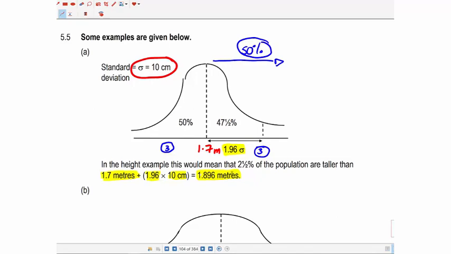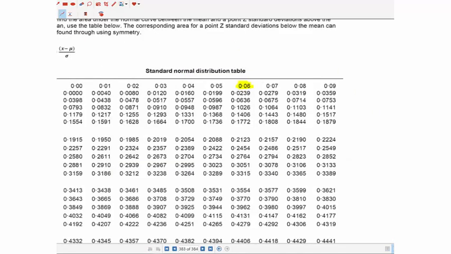And we can use our normal distribution tables to tell us the answer to that question. So what would be the percentage of the population that are taller than 1.896 metres or 1.96 standard deviations from the mean? Okay, let's go to our normal distribution tables and start to see how we can interpret this information.